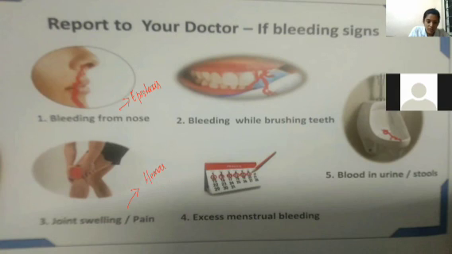That means the patient on warfarin therapy should report. Then excess menstrual bleeding or blood in urine. So if any type of bleeding is there, the patient should report to the healthcare professional.